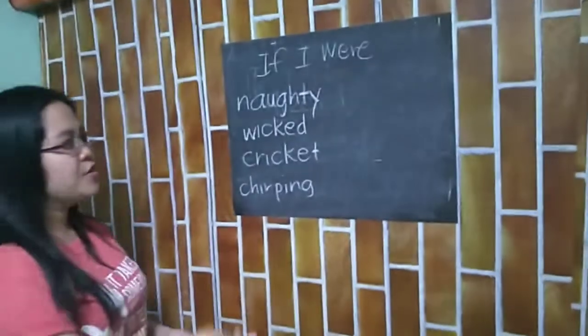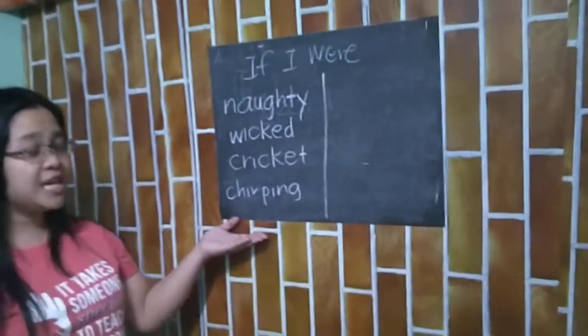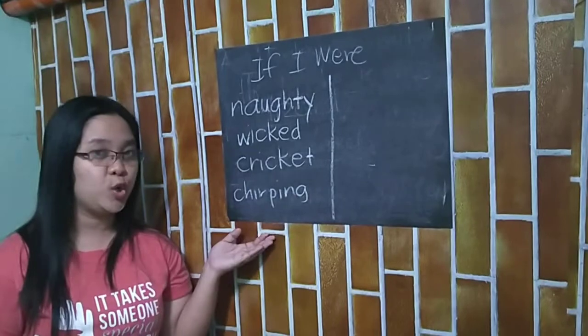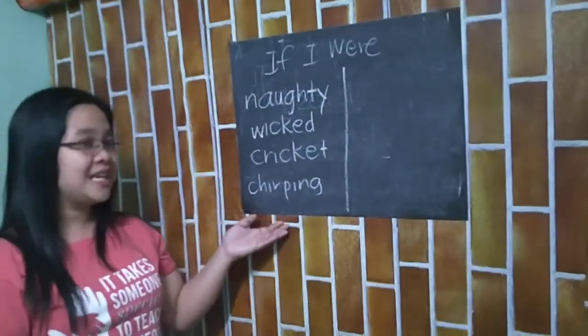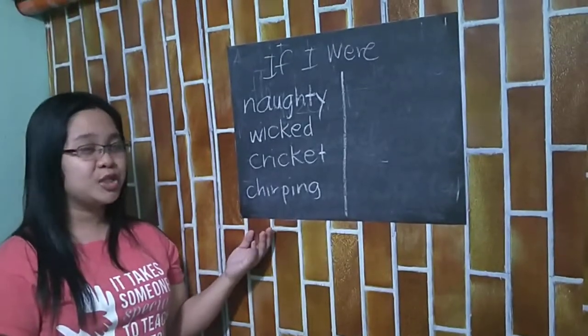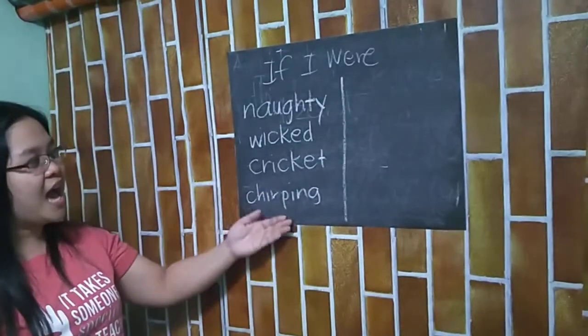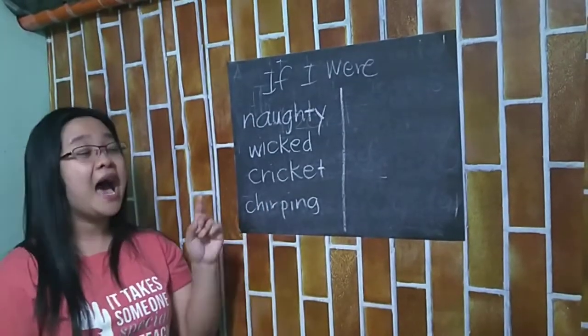Now, as you can see, if we observe the words written here, they are quite difficult to read. So how are we going to read these in an easier manner? Remember, like what I mentioned a while ago, we have to break them down into smaller parts. How?